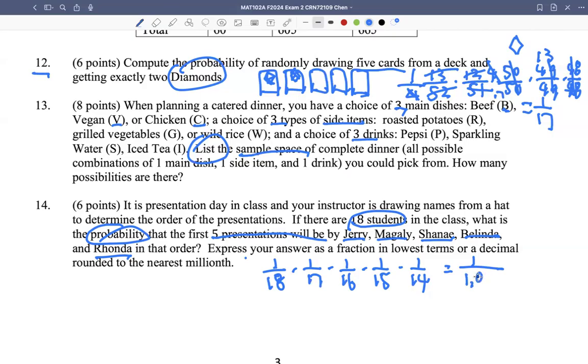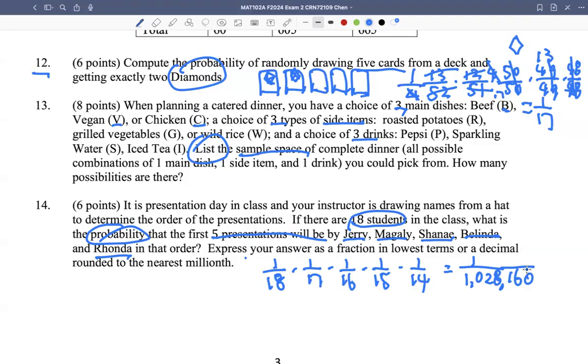So it's 1 out of 1,028,160. So this is one way to think about it.